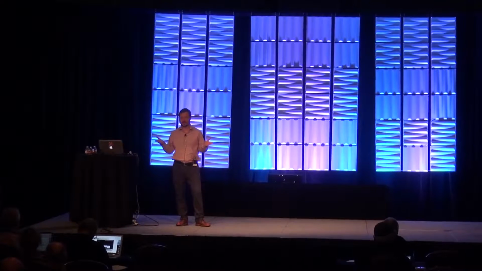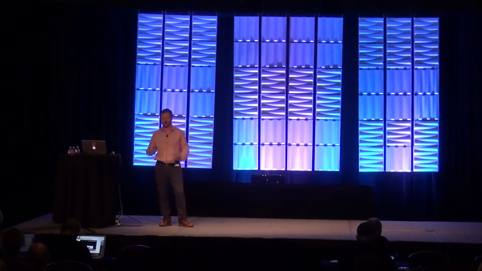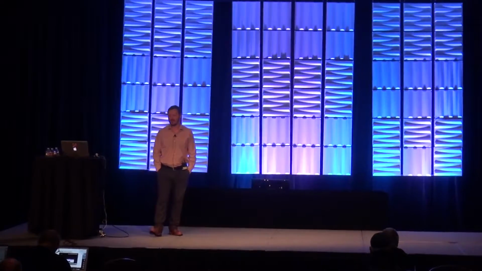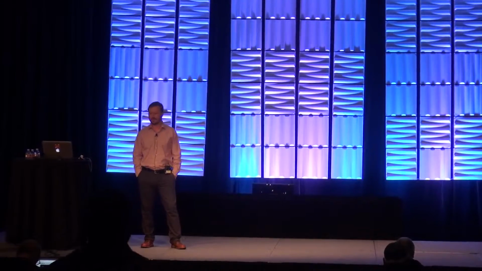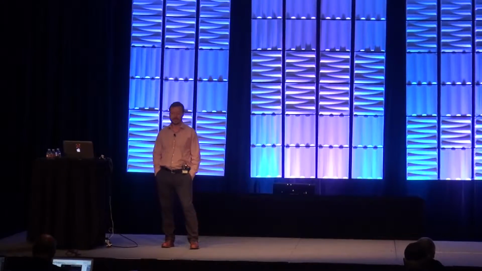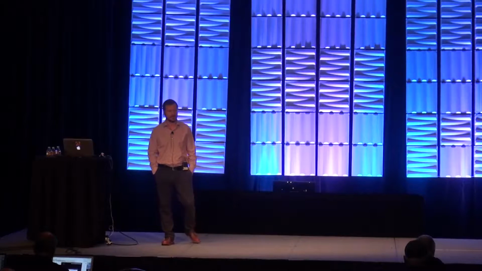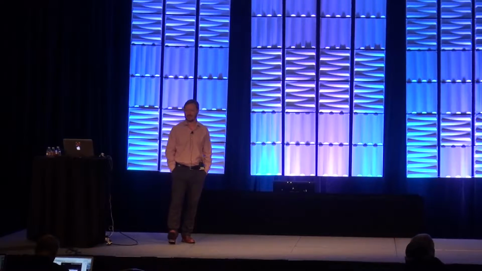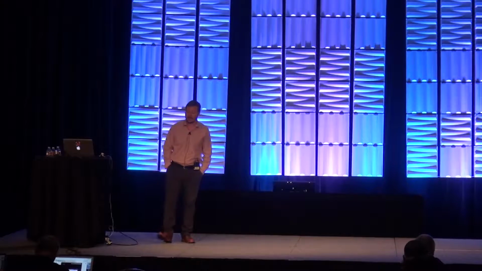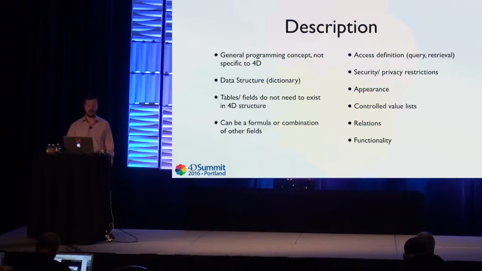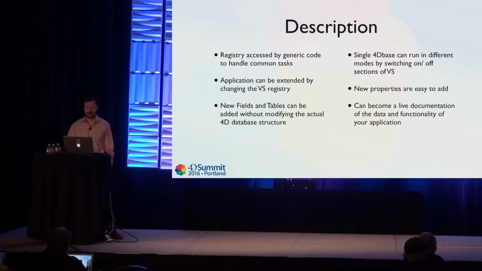So, something like a column width, or you could even put in what font you want to use for this particular field. Is it bolded? Controlled list values, so this field only accepts values of these types. The relations that the data follows for these field values and the data which it's pulling from, and general functionality properties. Really, it's up to the designer, the information that you put in your virtual structure.